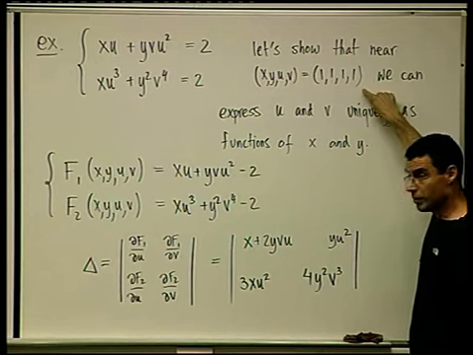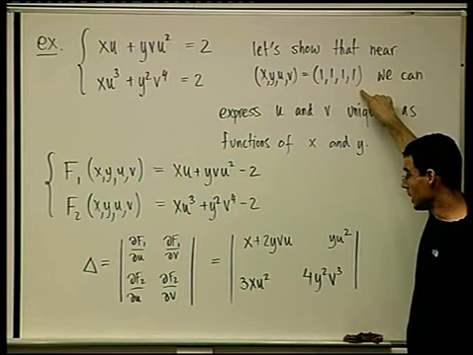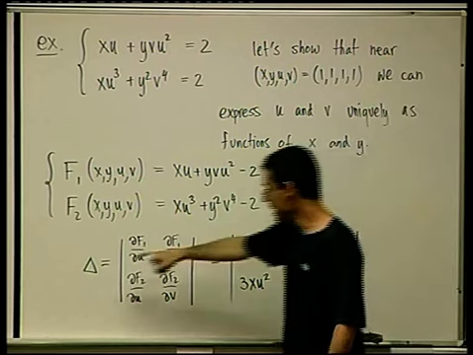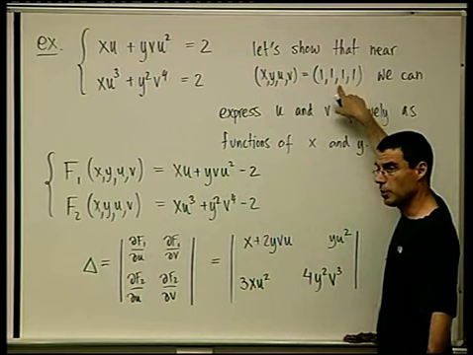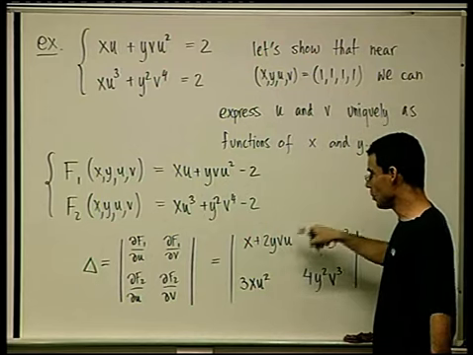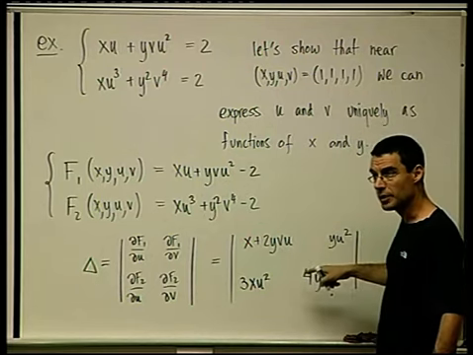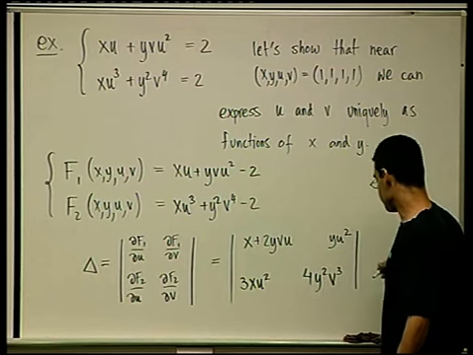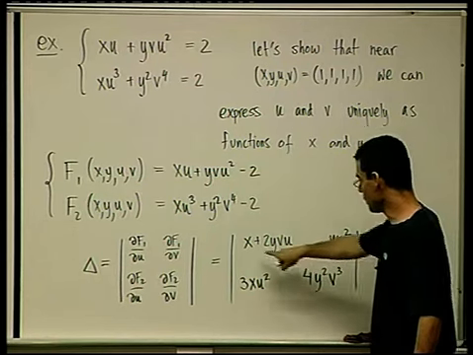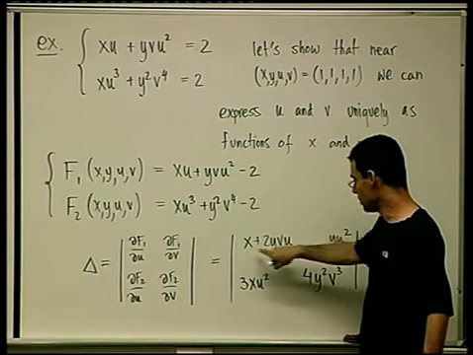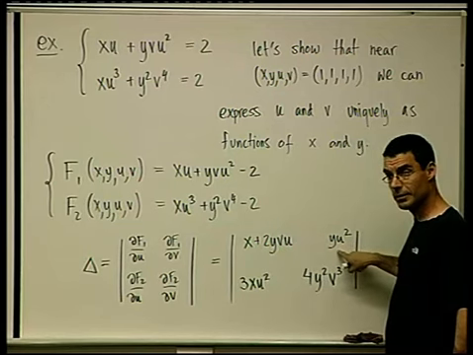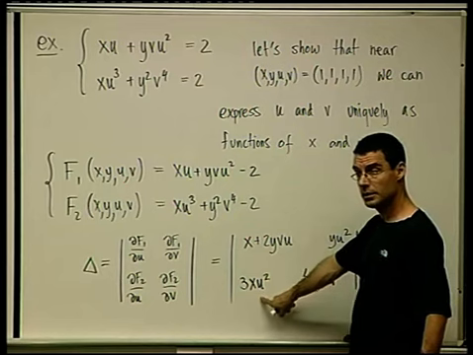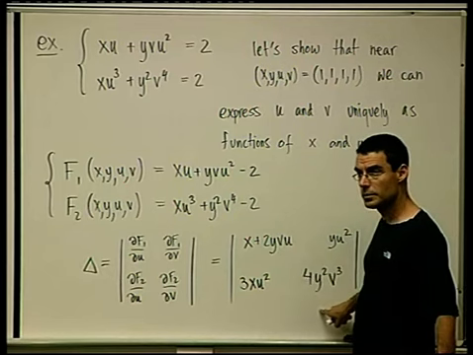So what's this determinant evaluated at this point? I just have to plug in 1, 1, 1, 1 for all of them. So when I plug in 1, 1, 1, 1, what do I get? 1 plus 2, I get 3 here, 1, 3, 4. Do you agree?